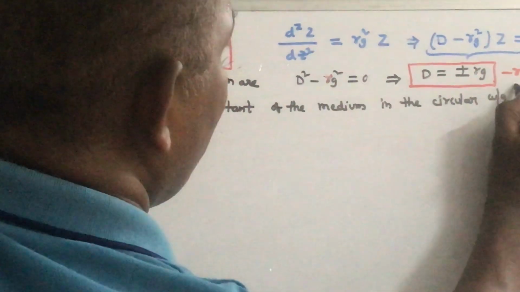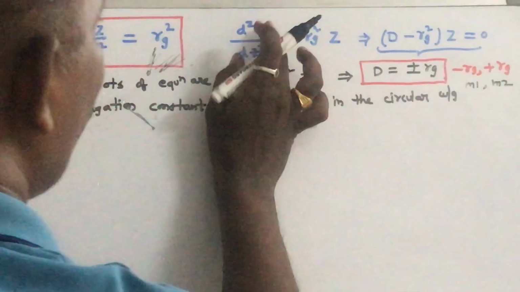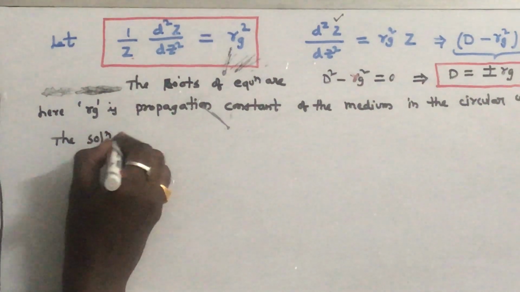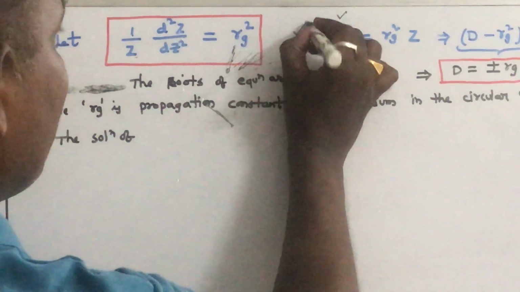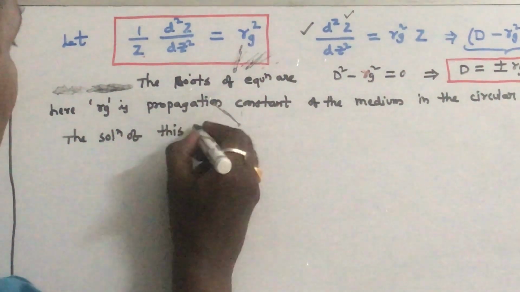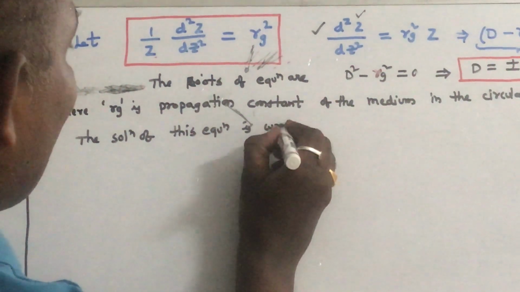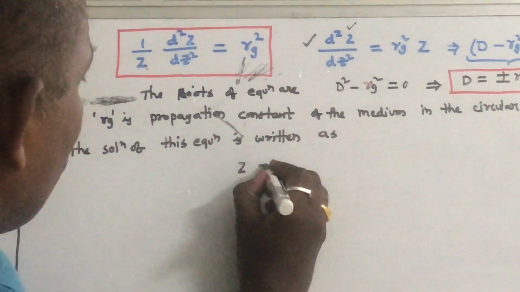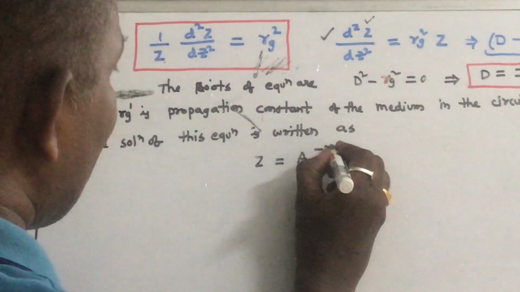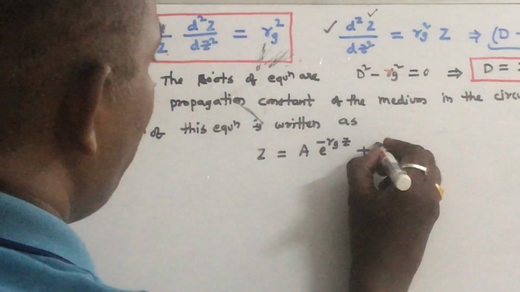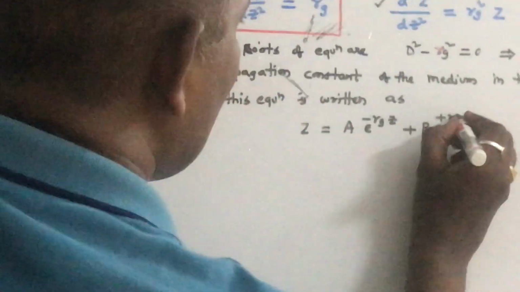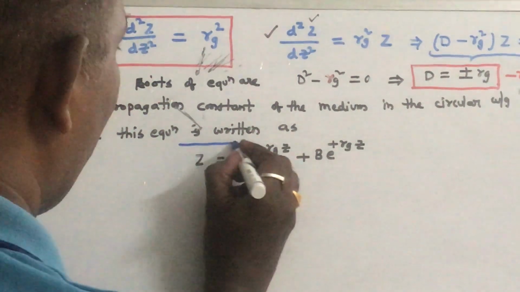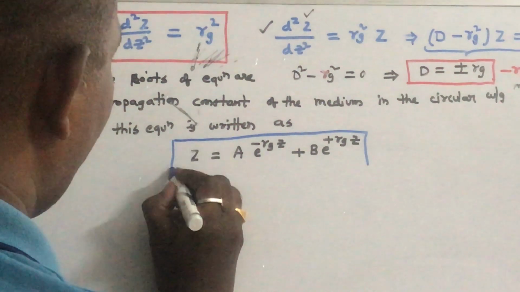As you know, the roots are m1 comma m2. The solution of this differential equation is written as capital Z equal to A into e power minus gamma g z plus B into e power plus gamma g into z, using constants A and B. So this is the solution for capital Z of z.